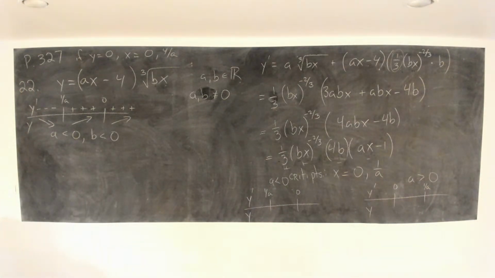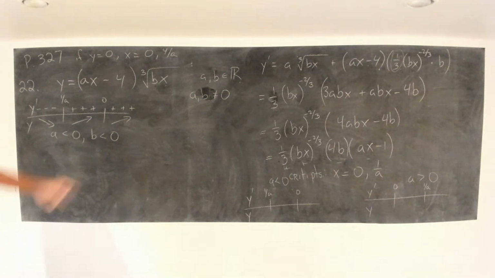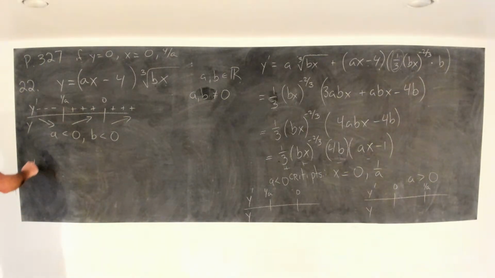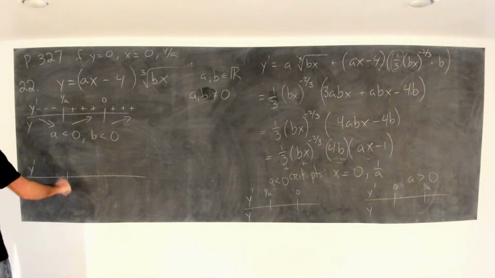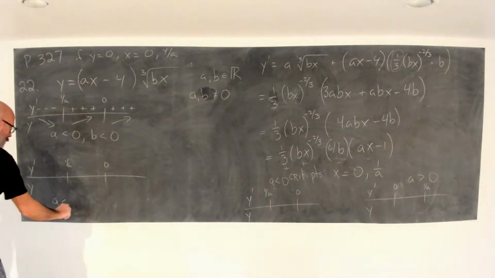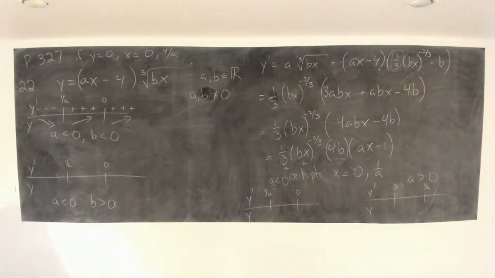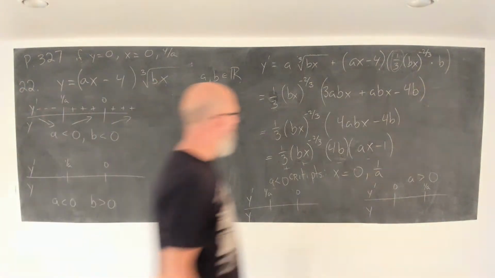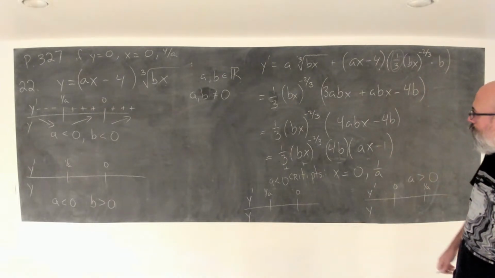So we have this, and if b was the opposite sign, so if a is less than 0 and b is bigger than 0, then instead of having a negative here, you're going to have a positive, so all the signs are switched.